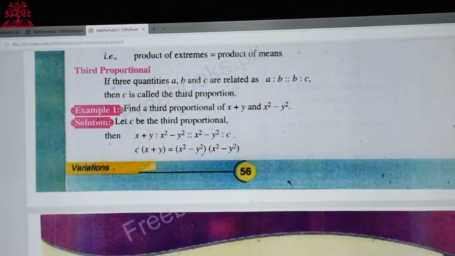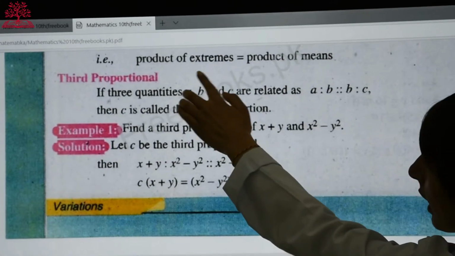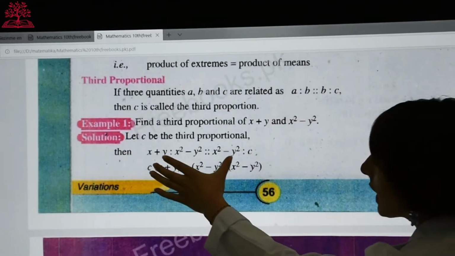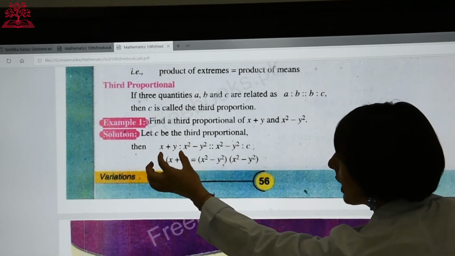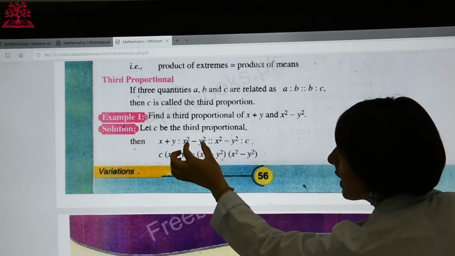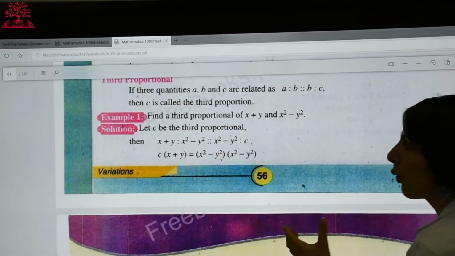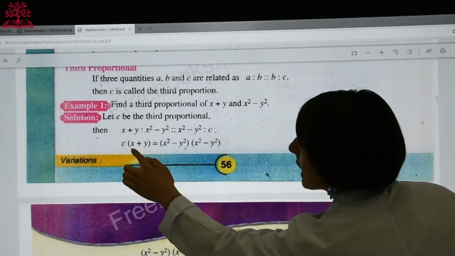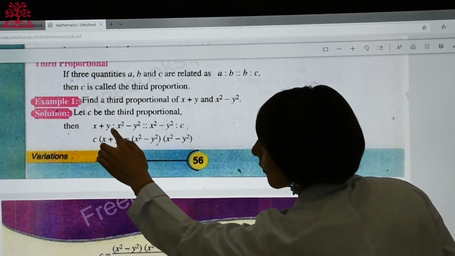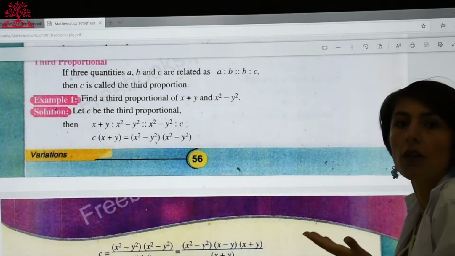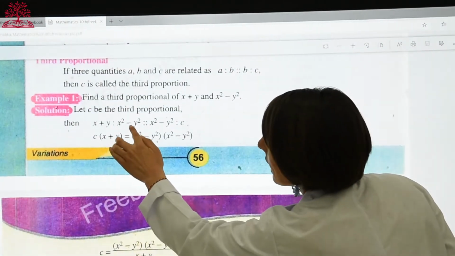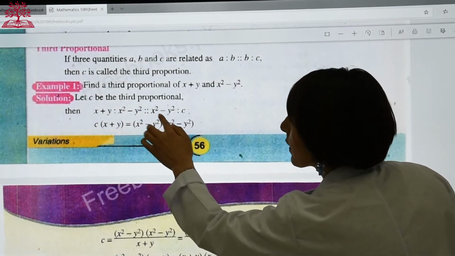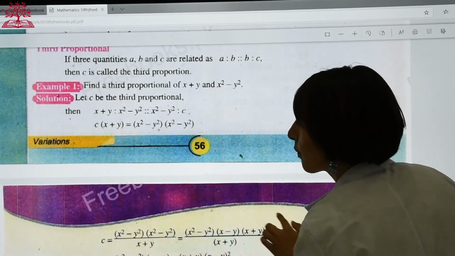So I have to find the C, but I know that the product of extremes equals the product of means. So these here are my extremes, and these are my means. So the product of extremes, I have to write C times x plus y equals the product of means, so x squared minus y squared times x squared minus y squared.